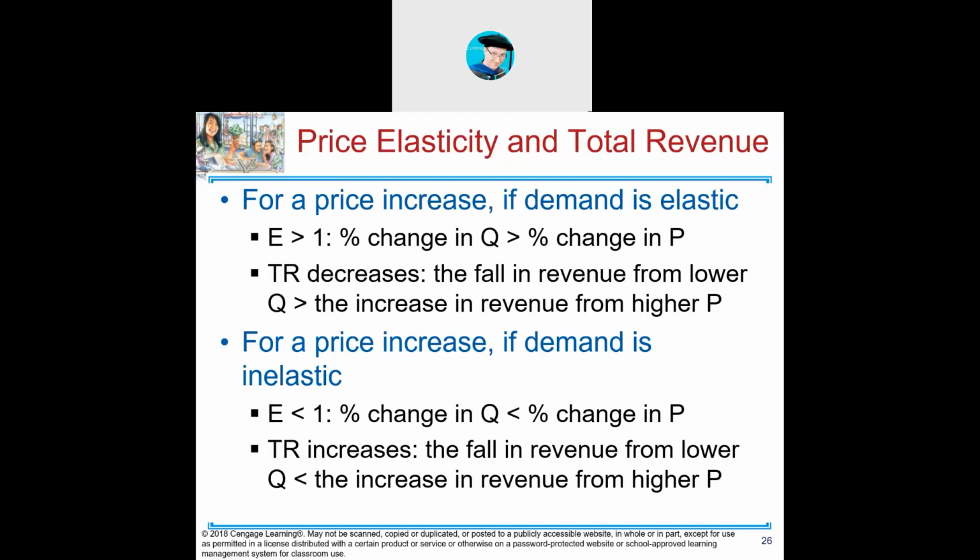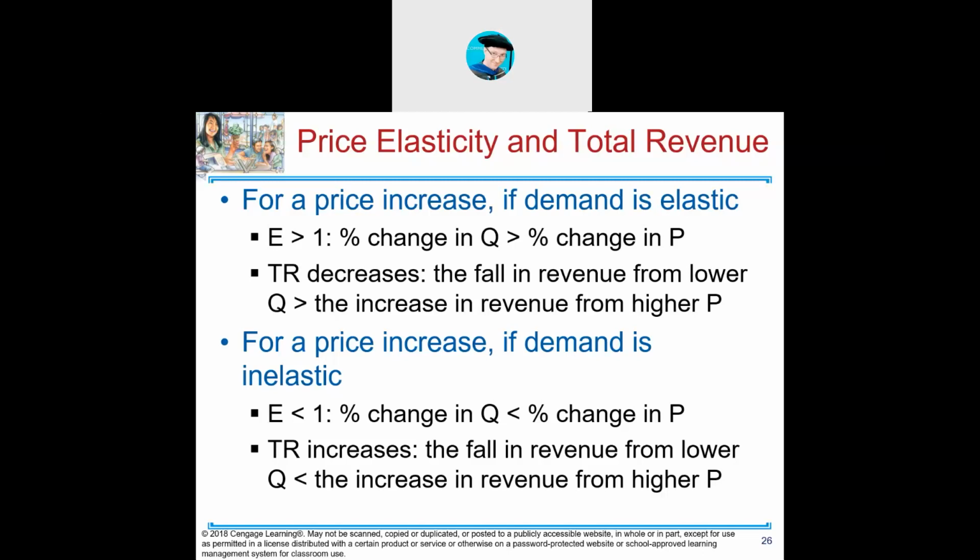That means it'll be price elastic. In other words, they're more sensitive to the quantity rather than the price. So the elasticity will be greater than 1 if the change in quantity is greater than the change in price.